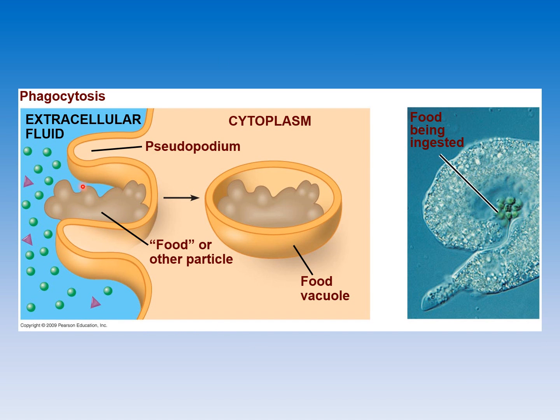So here it's engulfing this solid media, kind of wraps around it and engulfs it. This was part of the cell membrane. And now what it's going to do is it'll fuse with the lysosome. And here's kind of a cool picture showing food being ingested by a cell.